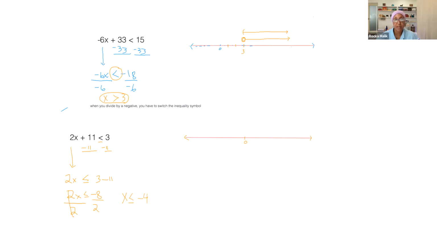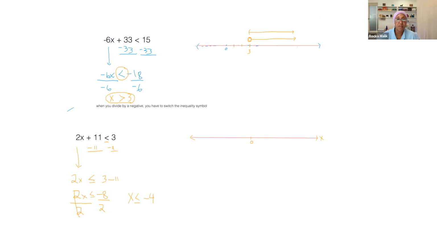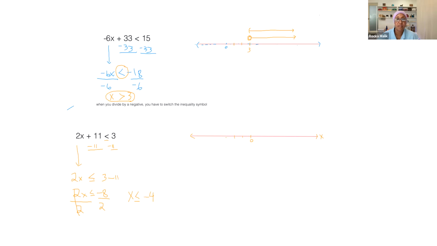So on this number line, which is just the x part of the graph, the y would be here if we were doing two at the same time. So I find -4: -1, -2, -3, -4. And I want to color it in to show that -4 is also a solution, and everything to the left of it.